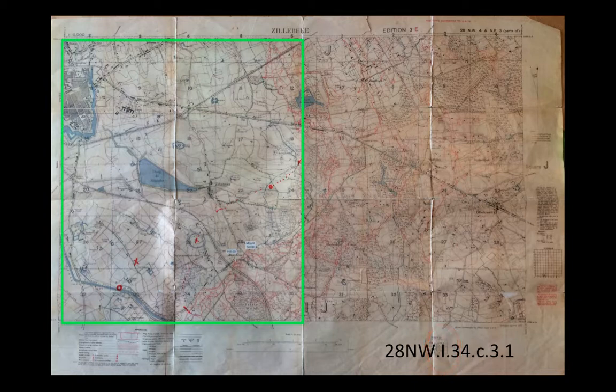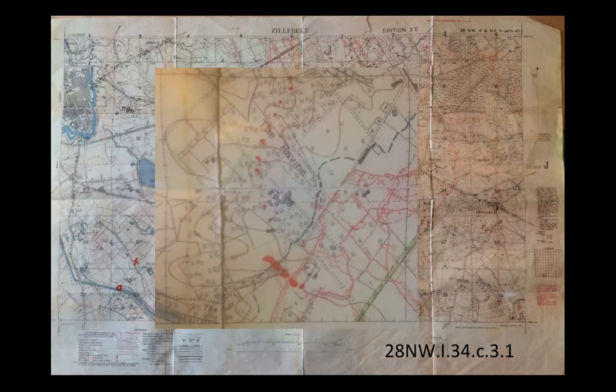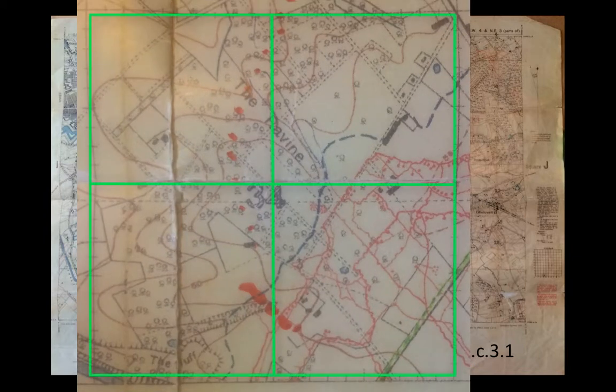Now, each of those squares, the letter squares, is further subdivided into 30 or 36 squares, and these are all given a numeric designation. So in our case, we're looking for square 34. There we go, down the bottom. Each of those squares is further subdivided into 4 quadrants, designated, and this goes reading style, starting in the top left, A, B, C, and D. Okay, so in that case, we're looking for C here.